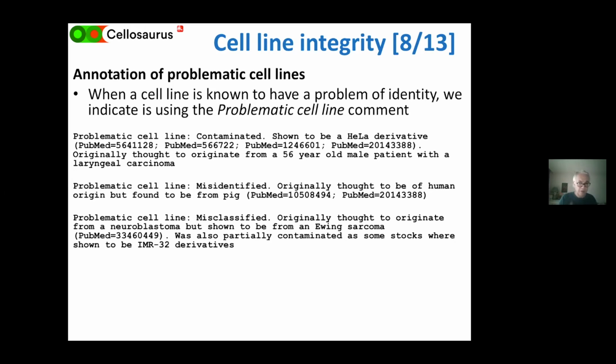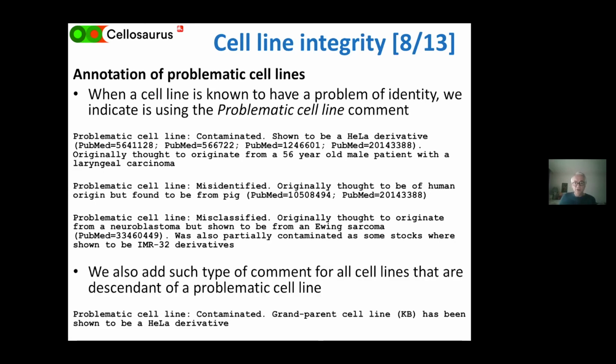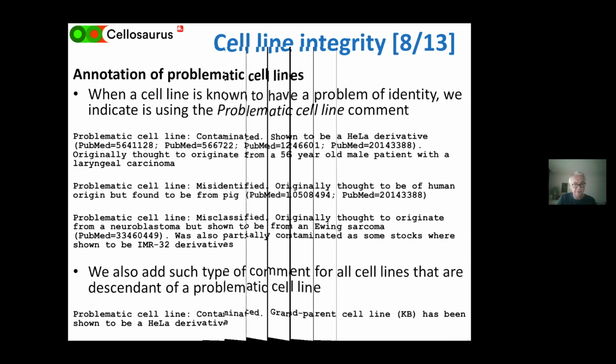So you have this information about the fact that it's contaminated, and we also put this type of comment in the descendants of the problematic cell line. If a cell line has been established from a problematic cell line, then we will say the parent cell line, the grandparent cell line, the ancestral cell line has been shown to be XYZ.